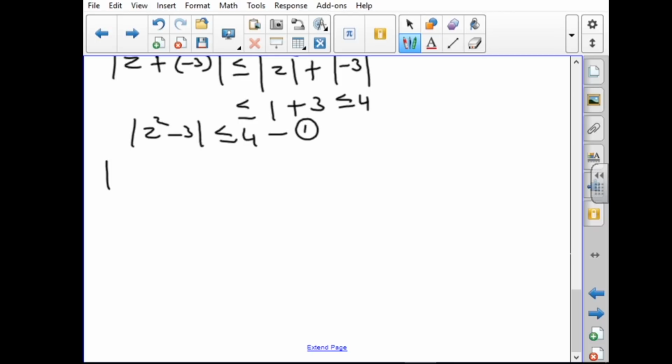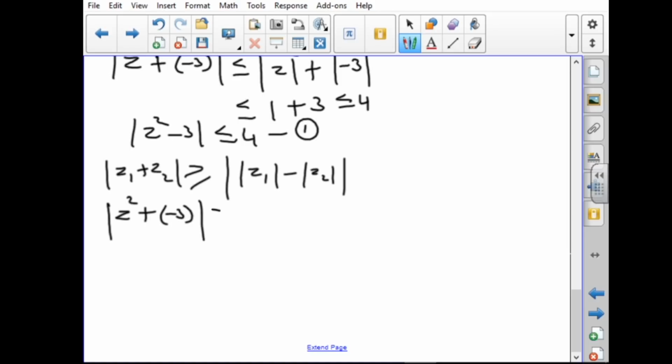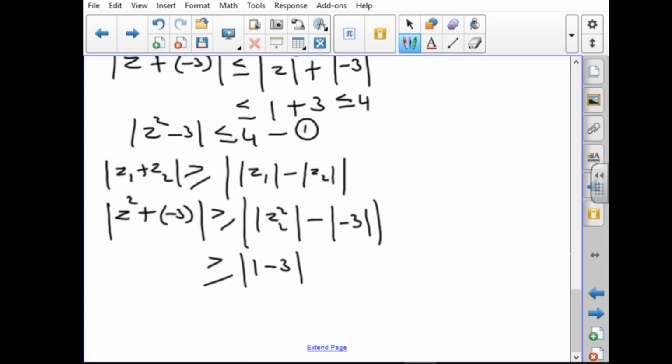Then we also see that modulus of Z1 plus Z2 is greater than or equal to modulus of Z1 minus modulus of Z2. Therefore, modulus of Z square plus minus 3 is greater than or equal to modulus of Z square minus modulus of minus 3, which is greater than or equal to modulus of 1 minus 3, which is modulus of minus 2, which is greater than or equal to 2.